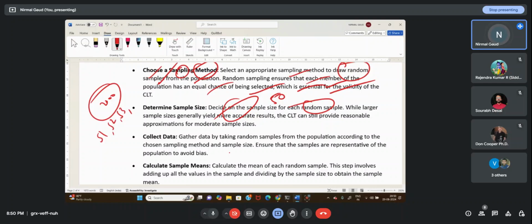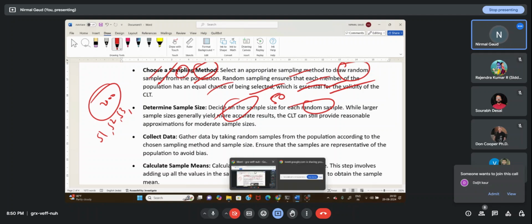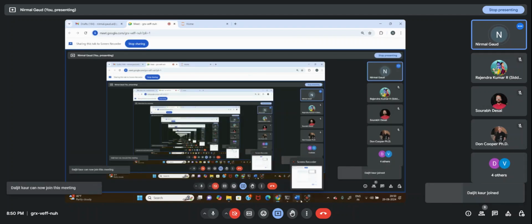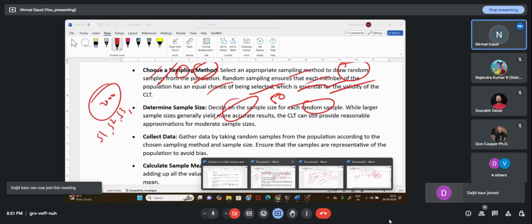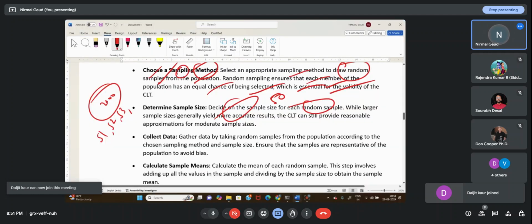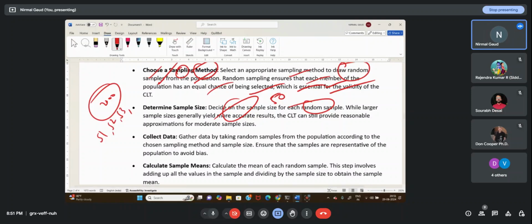Keep it fixed. Every sample has 50 points, but they are randomly selected.